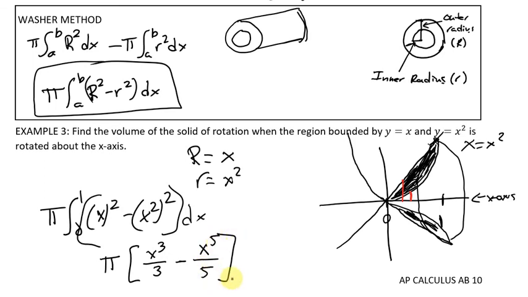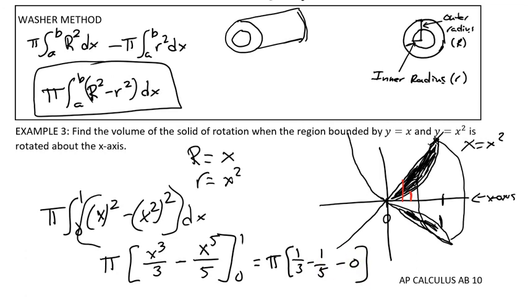And so obviously, again, if we put 0 in there, we're just going to get 0. If we put 1 in, we're going to get 1/3 minus 1/5 minus 0. You could leave it that way and that would be fine. You would be welcome to leave it that way.